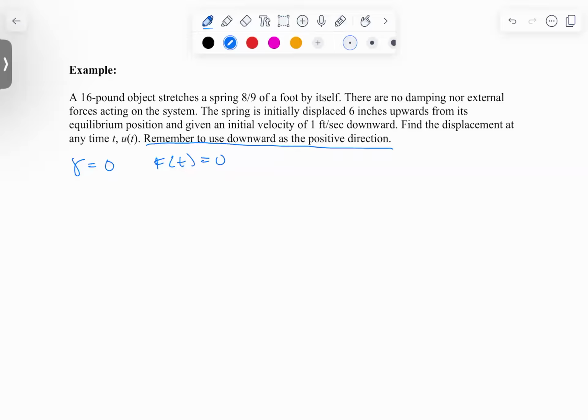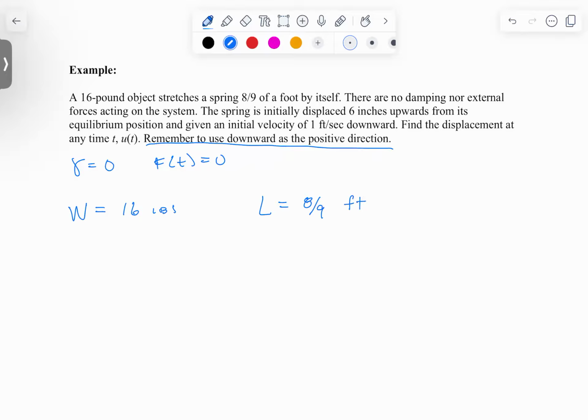So some information: weight equals 16 pounds. Our capital L is the displacement of the object from its equilibrium position, or natural position, so 8/9 of a foot.